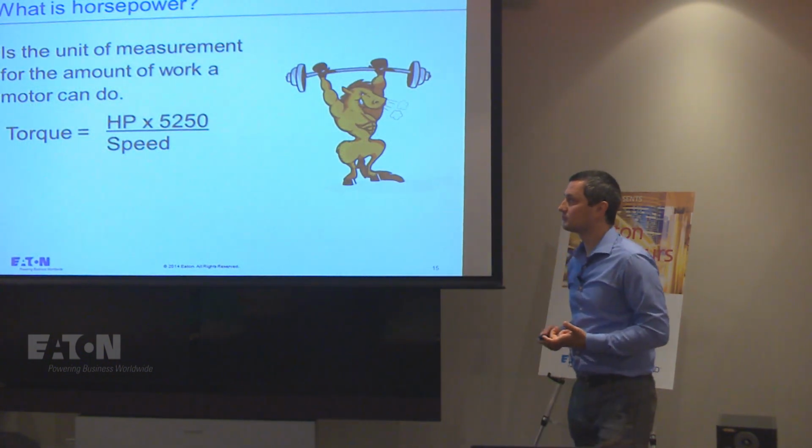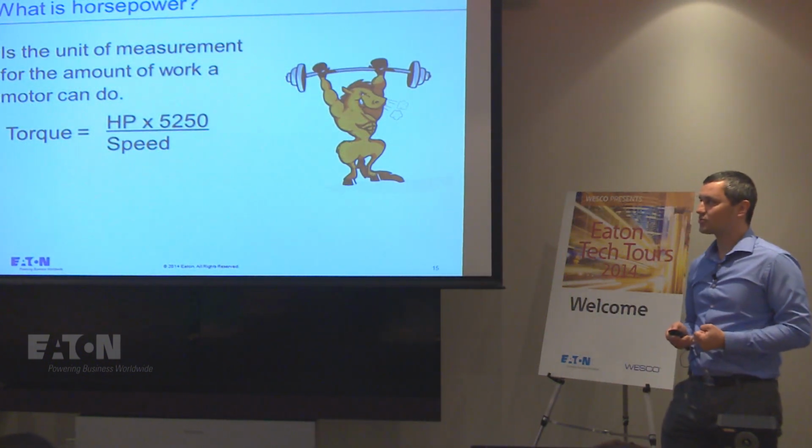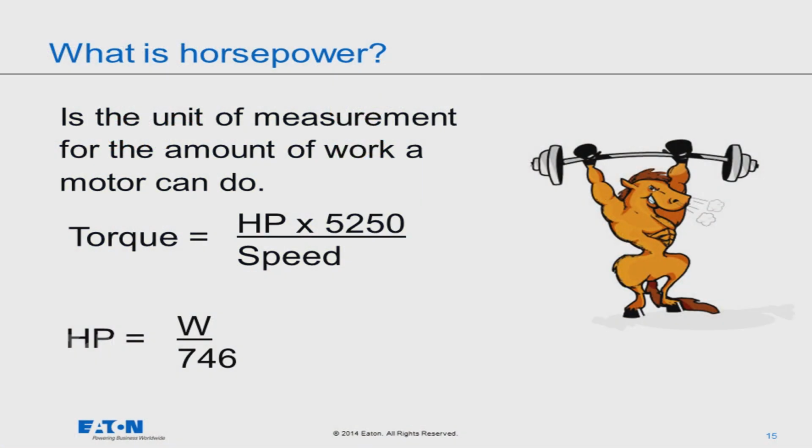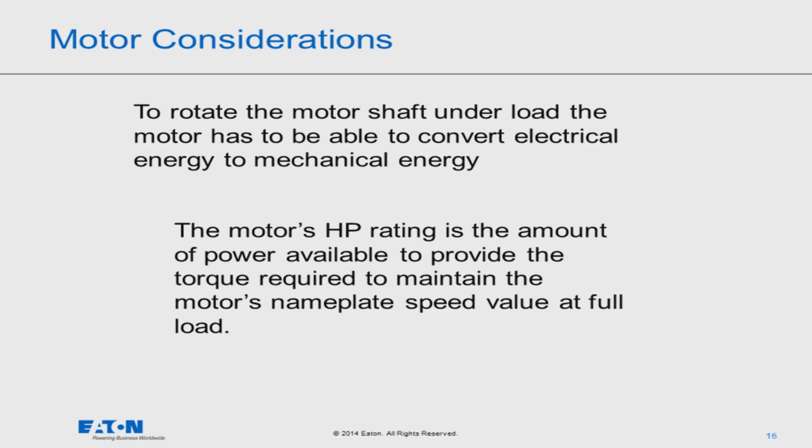Horsepower, unit of measurement. Okay, so these are just some basic formulas, and we just put them there so you know what we are talking about. In order to rotate that motor shaft, basically under a specific load, that motor will need to convert that electrical energy to a mechanical energy.